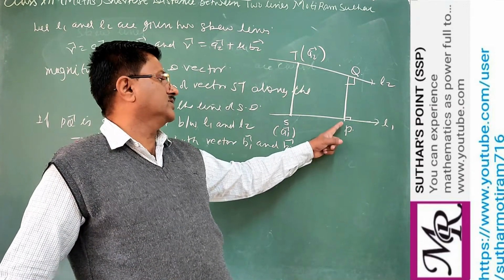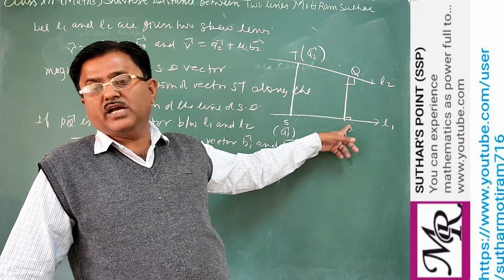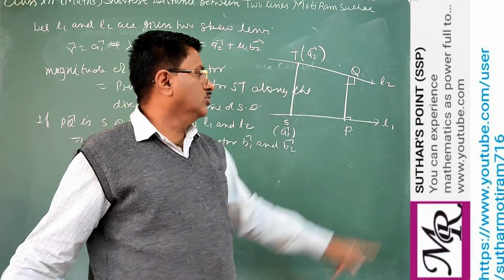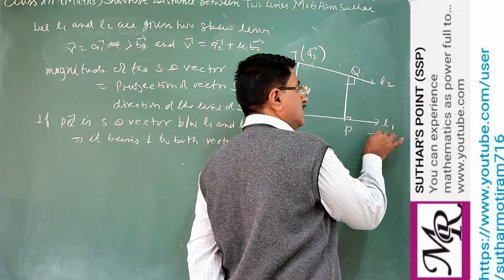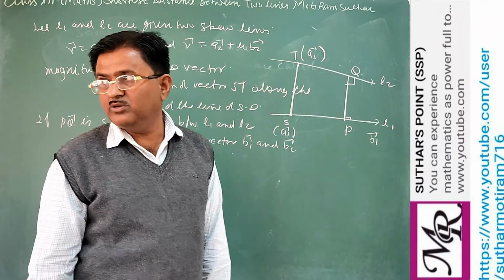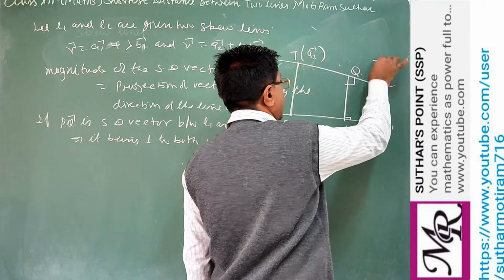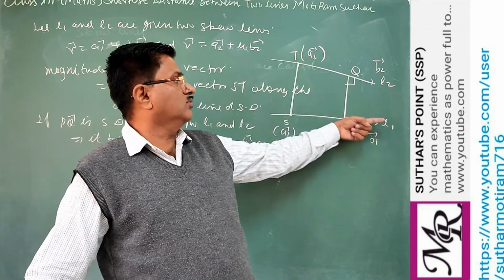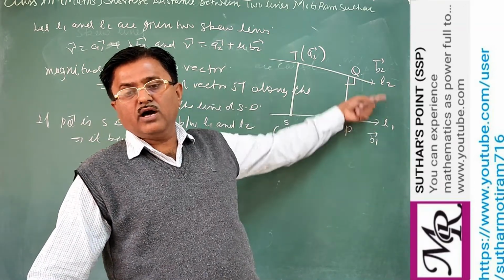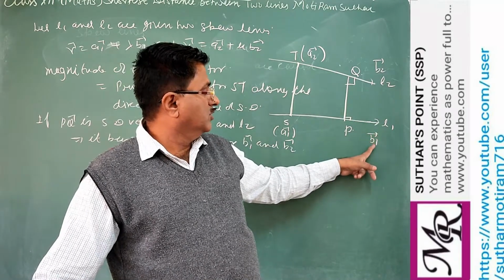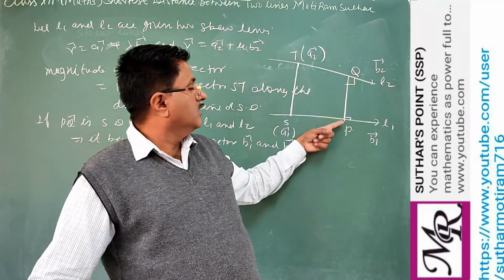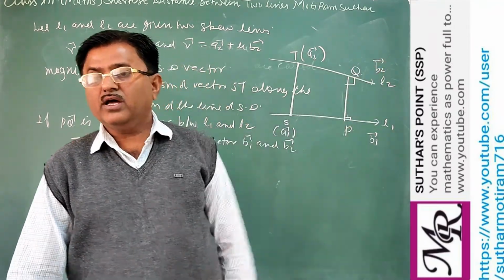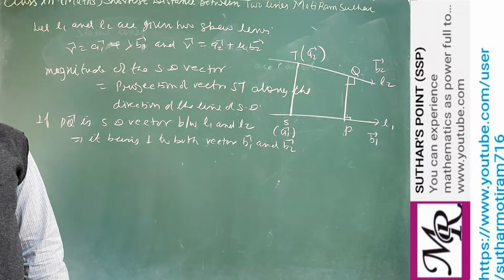So by the definition of the shortest distance, dear students, if PQ is the shortest distance, then PQ will be perpendicular to L1 and also L2. But you know that L1 has direction parallel to B1, and L2 has direction parallel to vector B2. So PQ is perpendicular to L1 and L2, and L1 is parallel to B1, L2 is parallel to B2. That's why PQ is also perpendicular to vector B1 as well as vector B2. So this is a very important concept.